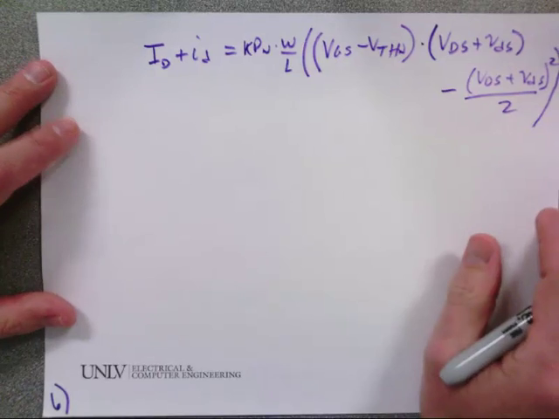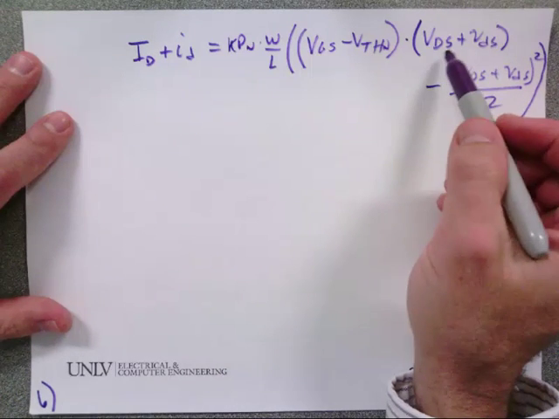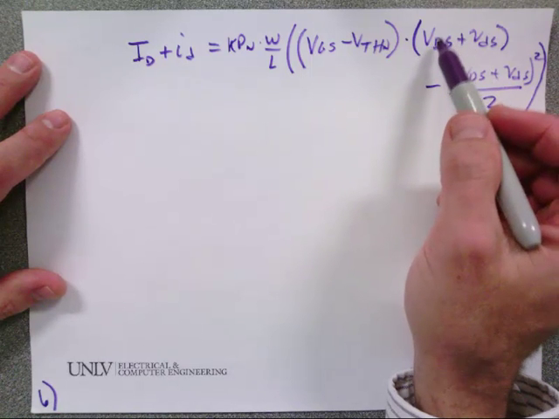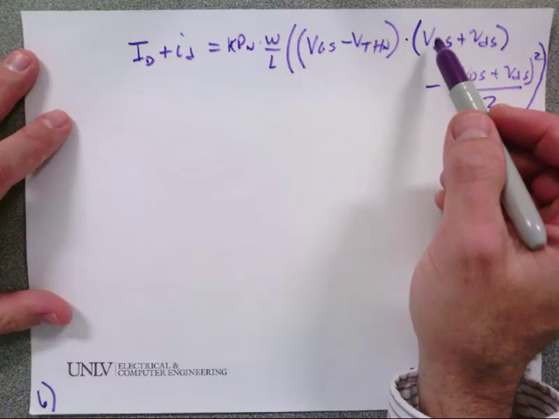Okay, wait a sec. What is this? You're confusing me. What is this thing here? That's the overall VDS, right? That's the AC plus the DC.